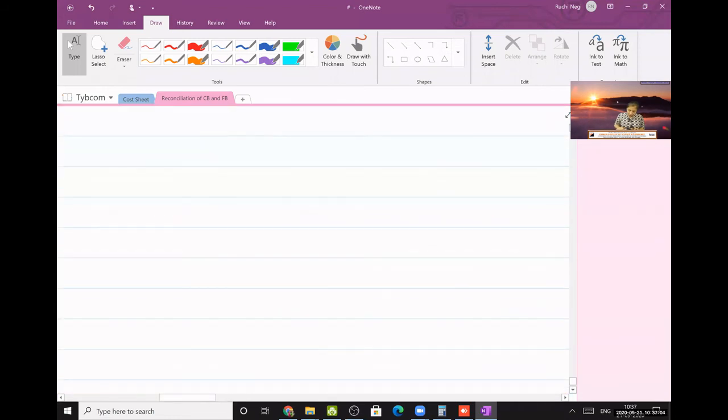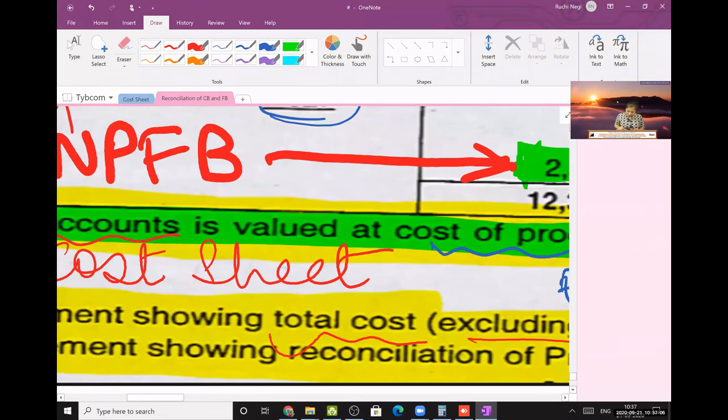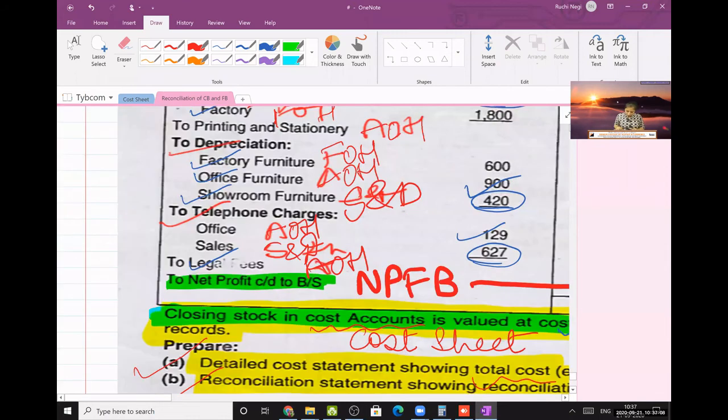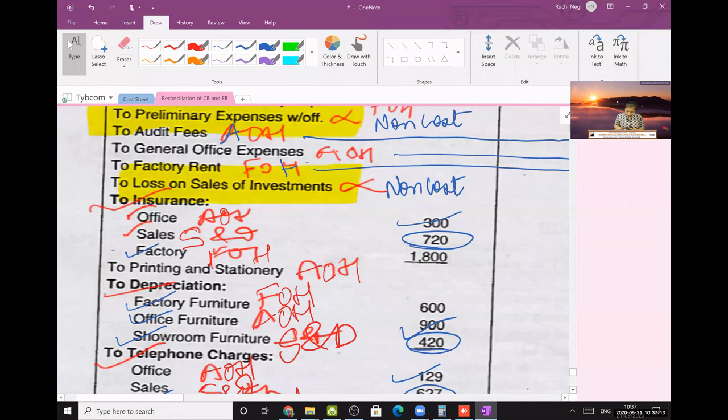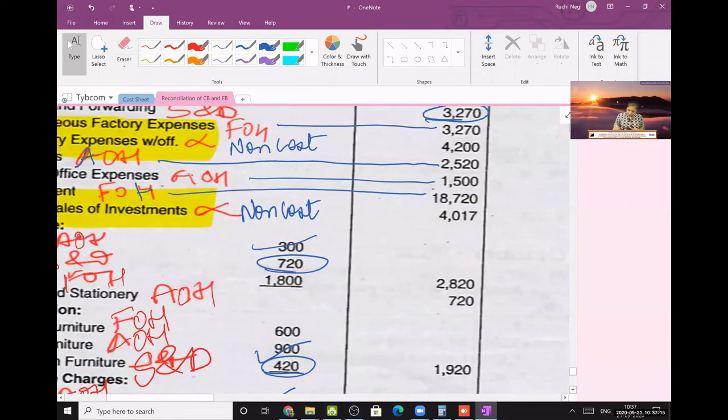I'm talking about the non-cost items. Okay, which are my non-cost items? Loss on sale of investments 4017.